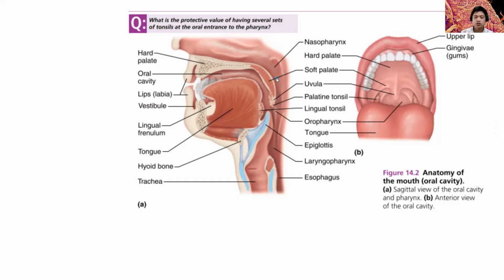So think of it this way. The pharynx is basically the throat, and the throat has superior, middle, and inferior portions. The more superior portion of the throat is the nasopharynx. The middle portion, which is in the same level as your mouth, is the oropharynx.